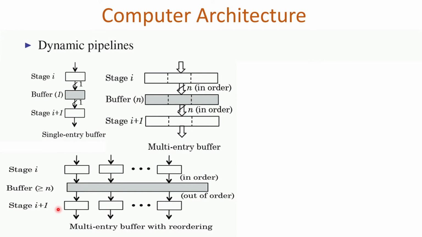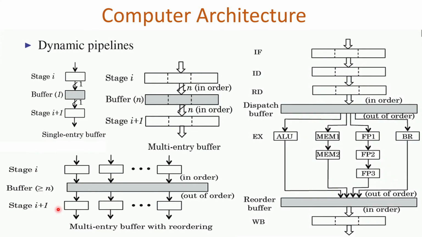Now if we make a combination of all these previous concepts, we find what we call superscalar pipelining. You see over here in superscalar pipelining, we have a situation something like this.